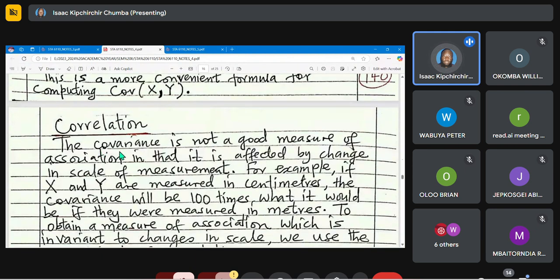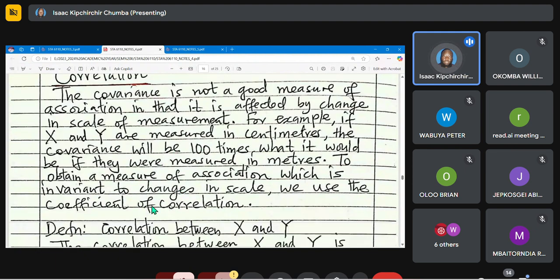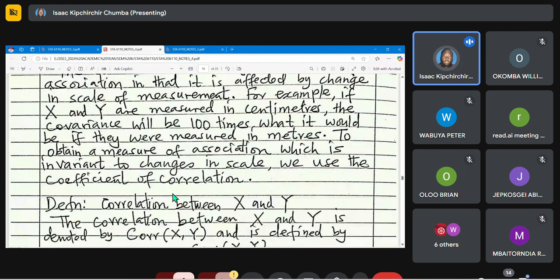Covariance is not a good measure of association in that it is affected by change in scale of measurement. For example, if x and y are measured in centimeters, the covariance would be 100 times what it would be if they were measured in meters. To obtain a measure of association which is independent of change in scale, we use the coefficient of correlation.